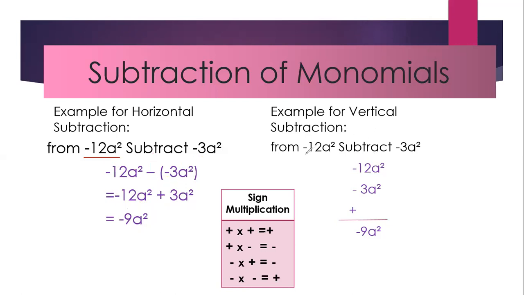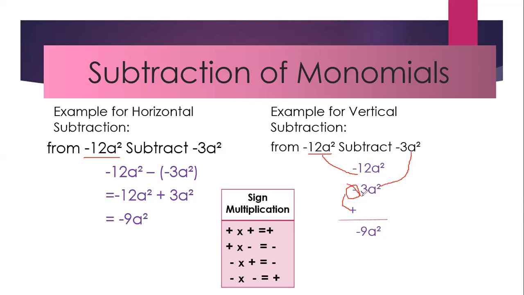Now, in vertical subtraction, first we have to write this term. Okay. Then minus 3a square. First step is write down the term which is written with "from". Then the second term which is written with "subtract". Now, this minus sign will become plus sign. Okay. This will be converted into plus.